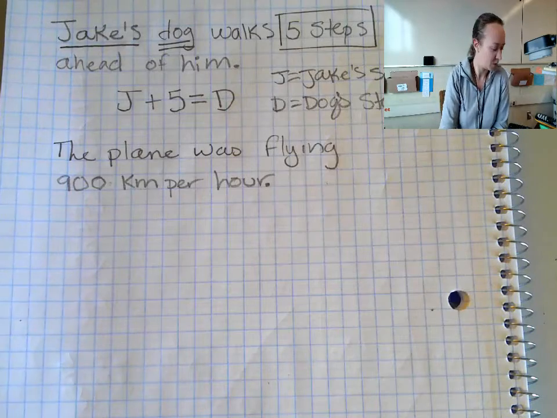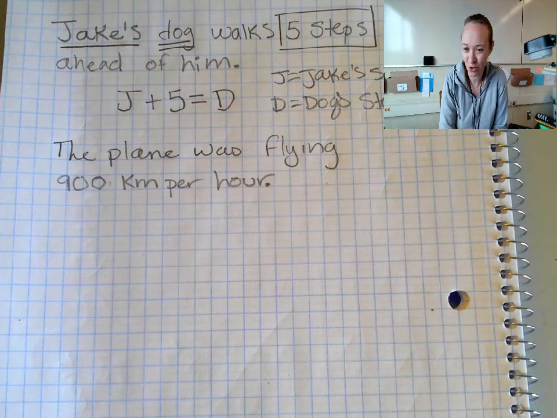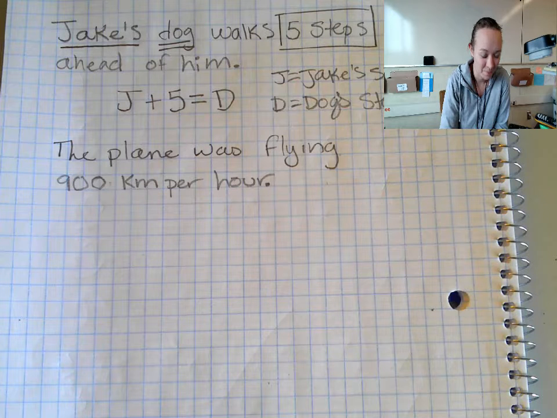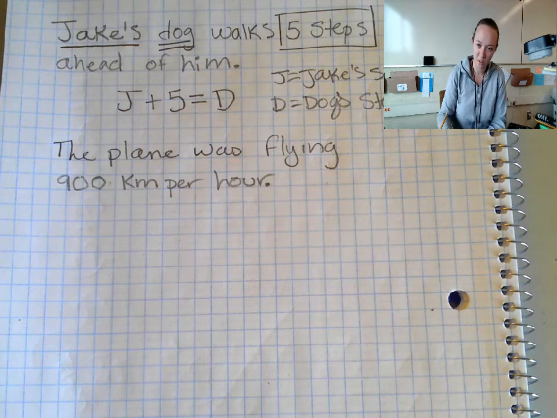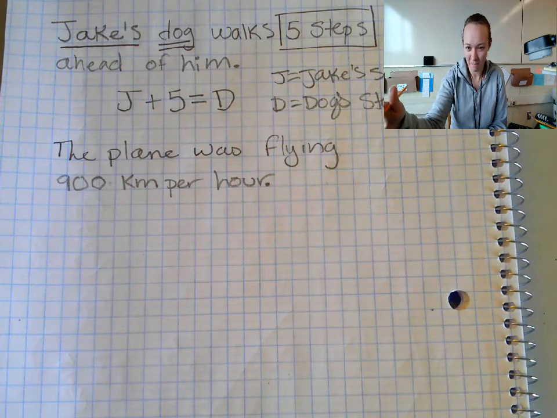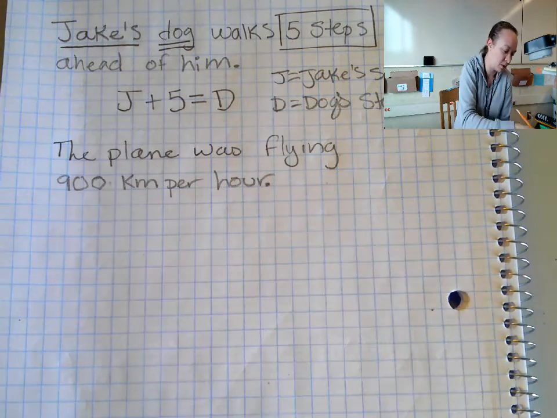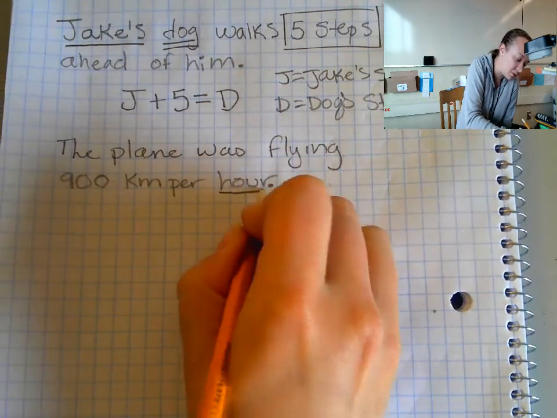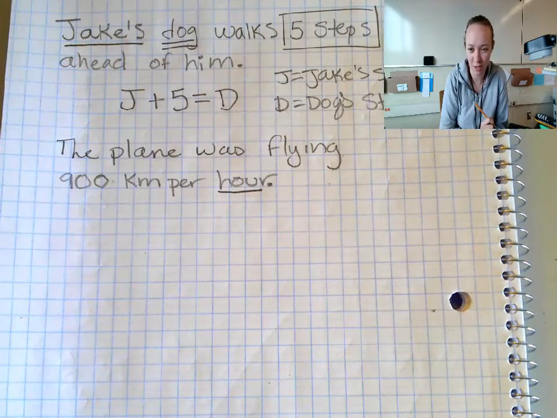Okay, next one. We have a plane that's flying 900 kilometers per hour. This one's a little bit tricky to figure out what the independent and dependent variables are. Give it a shot. See what you can do. All right, so on this one, the distance is changing based on the time. So time is our independent variable. So we're going to do a single underline on that.